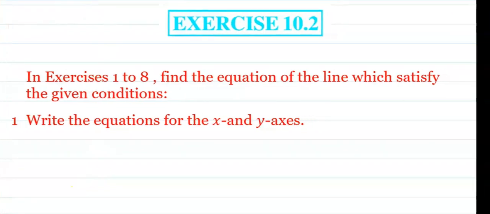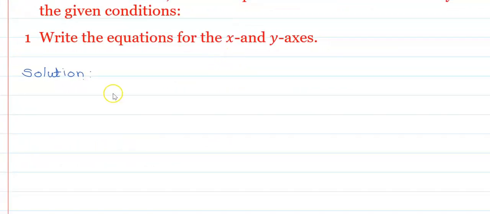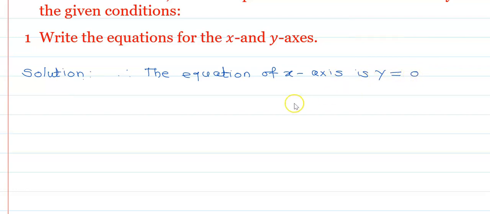Now the first question: write the equation for the x-axis and the y-axis. On the x-axis, the y coordinate is 0, and therefore the equation of the x-axis is y equals 0.